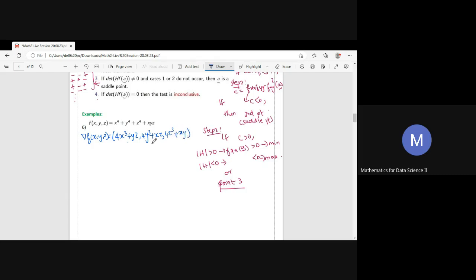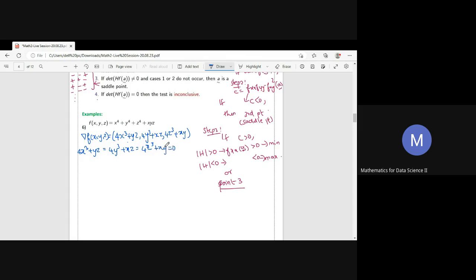So now you have to equate them to 0 to find the critical points. So you equate 4x cube plus yz equal to 4y cube plus xz equal to 4z cube plus xy equal to 0.